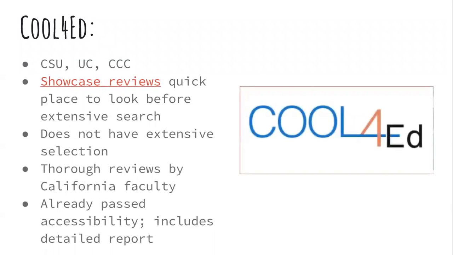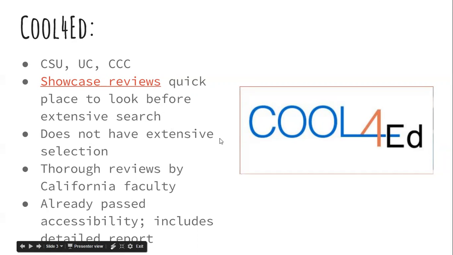Before we talk about collections and repositories, I want to show you a site called Cool for Ed. CSUs, UCs, and California community colleges have worked on it together, and they have what are called showcase reviews, which are quick places to look before you do a more extensive search.